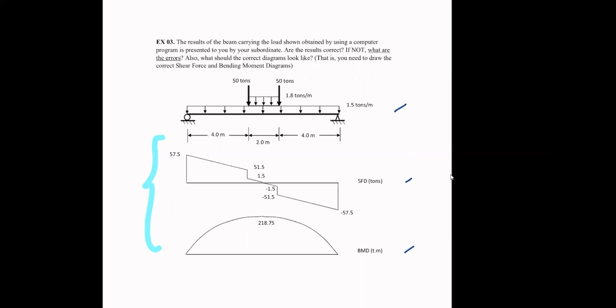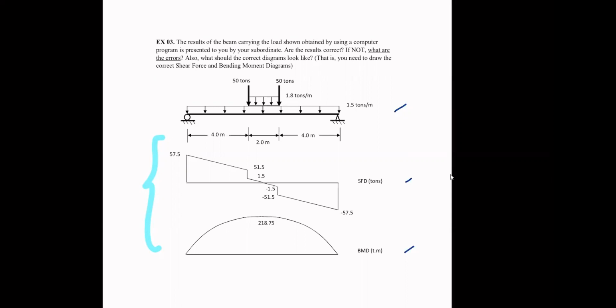But for you, when you look at these diagrams, you should be able to tell what kind of mistakes they made, or if there are any mistake in the beginning.